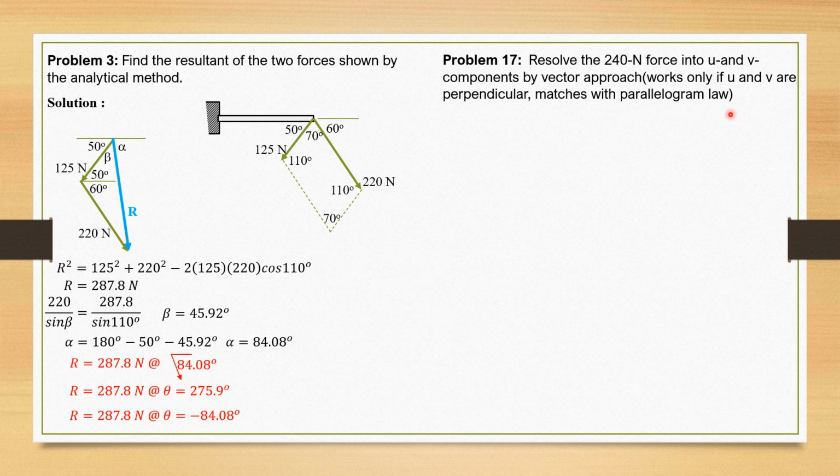Originally, the u and v axis in problem 17, the last problem in the very long video, were not perpendicular to each other. So I revised it to be perpendicular, because this approach works only when we resolve the force into mutually perpendicular components. If they are not perpendicular, then the analysis would be different.